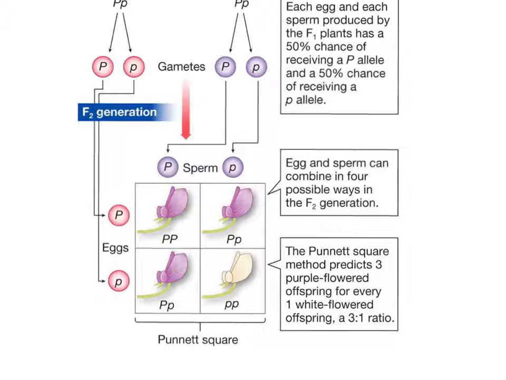Okay? And if you remember, in meiosis, you can have 4 possible outcomes. Okay, a lot more than that, but if you only had 2 alleles. Okay. The Punnett square method predicts 3 purple flowered offspring for every 1 white offspring.